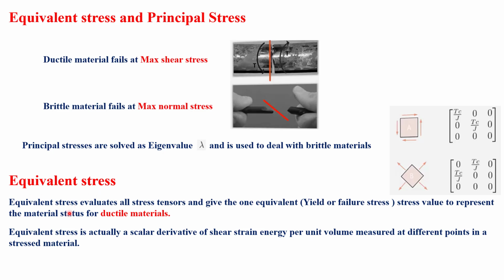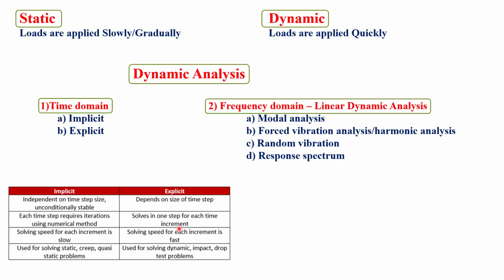Remember that. It is used for ductile materials. It is just a scalar derivative of the shear strain energy per unit volume, measured at the different points in a stressed material. This is about the equivalent stress and the principal stress. In short, we use the principal stress to deal with brittle materials and the equivalent stress to deal with ductile materials.